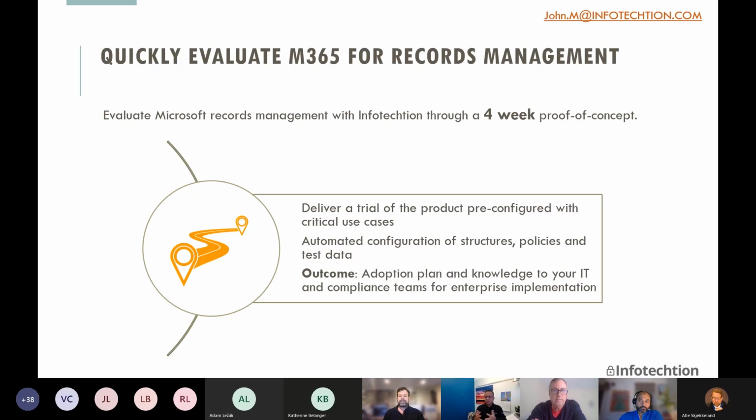There are some things obviously I can't disclose in a public forum, but if there are specific things about product features, capabilities, where that investment is going, especially around that ecosystem, feel free to reach out to John, and then I can help coordinate those meetings with my team members. Right, thank you. And again, that's john.m@infotection.com.